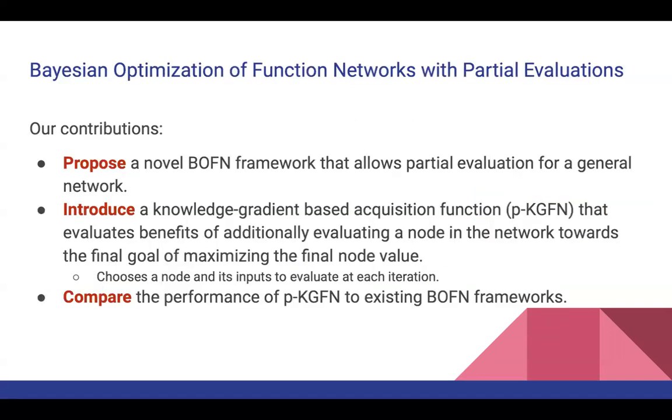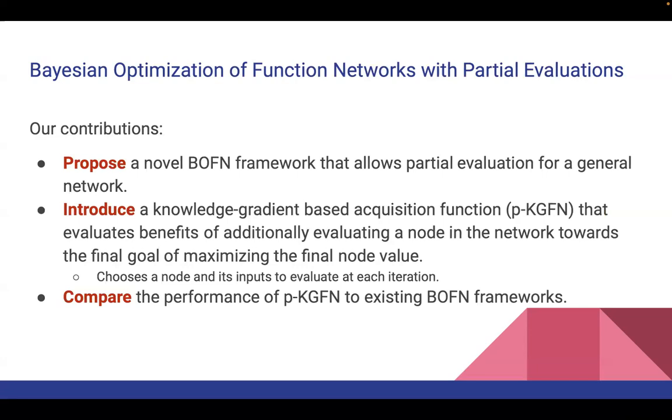As the contribution of this work, we propose a novel BOFN framework that allows partial evaluation for a general network. Basically, we need a framework that makes a decision to evaluate only the part of the network that is the most promising.